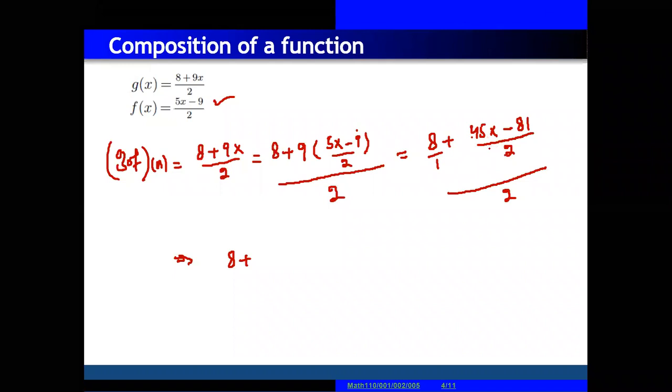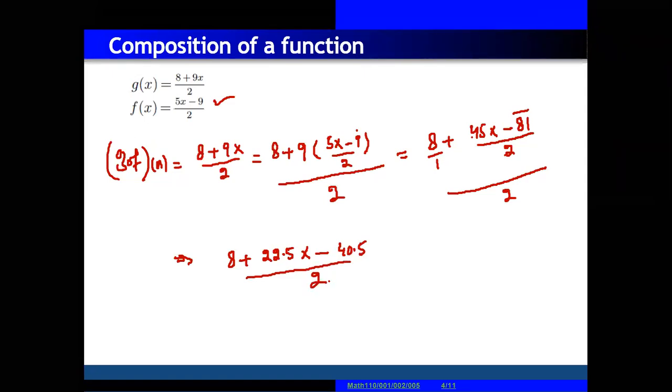So 45 divided by 2 equals 22.5 into x, minus, and if you divide 81 by 2, this is 40.5, and the whole then divided by 2.